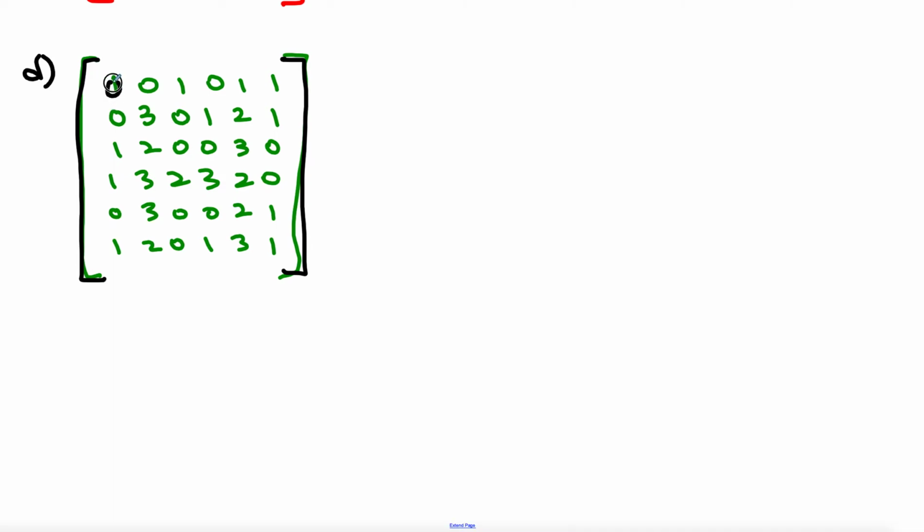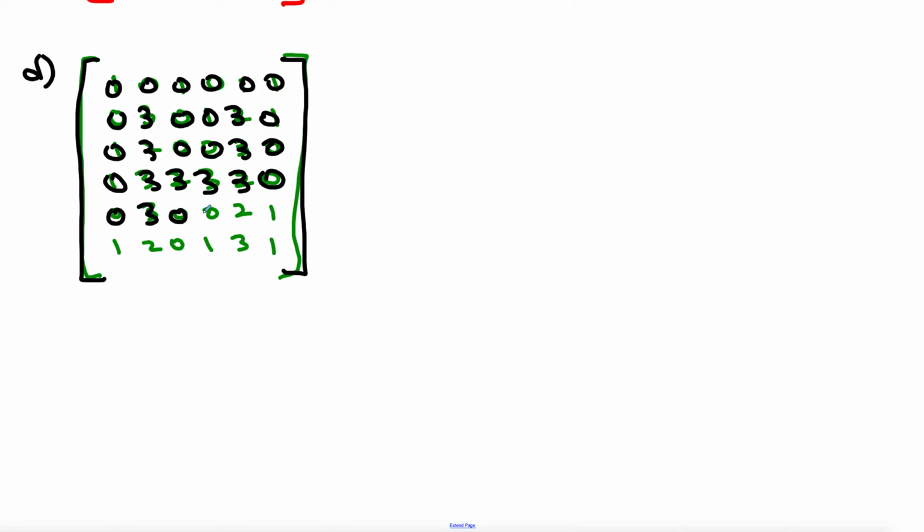So I get 0, 0, 0, 0, 0, 0, and 0, 3, 0, 0, 3, 0, 0, 3, 0, 0, 3, 0, 0, 3, 3, 3, 3, 0, 0, 3, 0, 0. This one becomes 3 and 0, and then 0, 3, 0, 0, 3, 0. So that's what I'm getting.